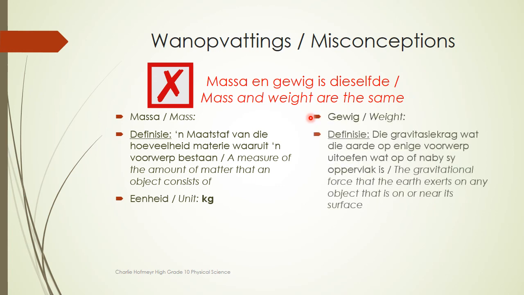Weight is the gravitational force. Remember, force is also a vector. It's the gravitational force that the Earth exerts on any object on or near its surface, which means it has a direction, and the unit for force is newtons.